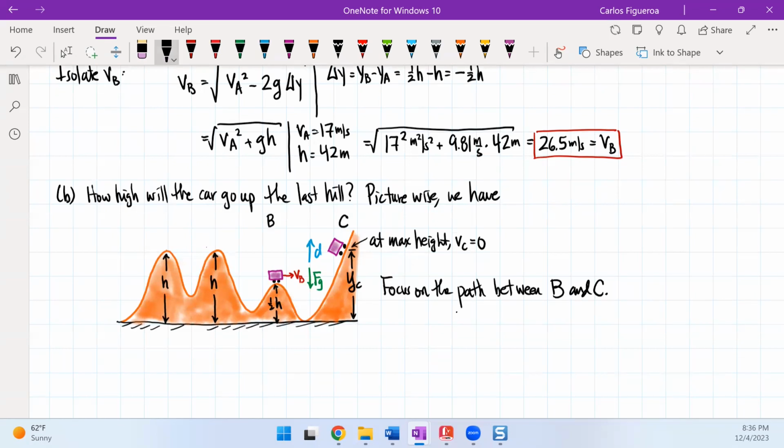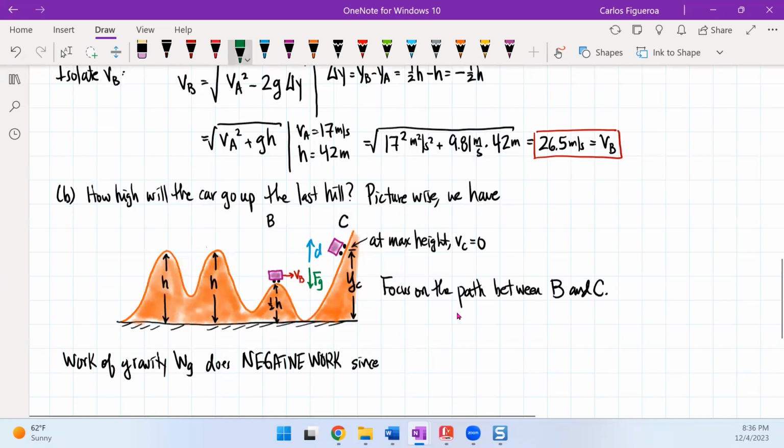So we can then say that the work of gravity, WG, does negative work since the force of gravity and the displacement are in opposite directions.